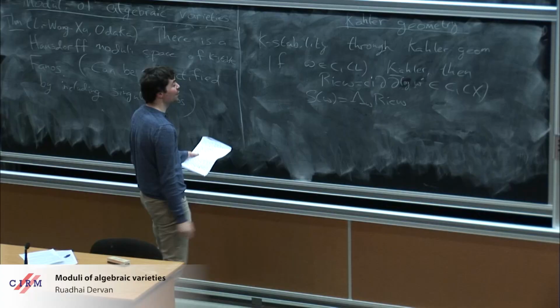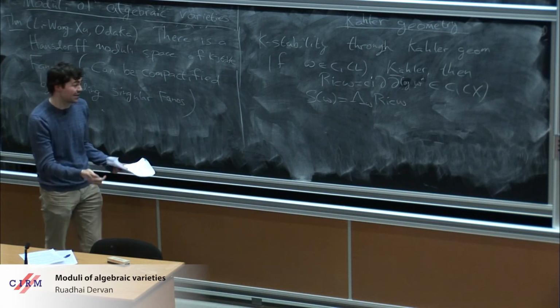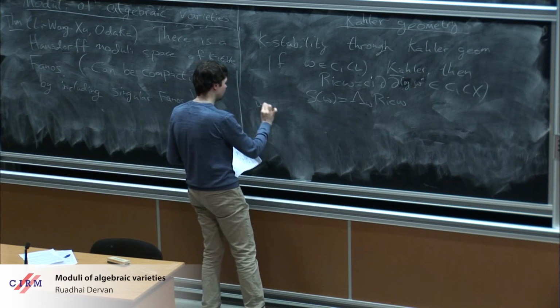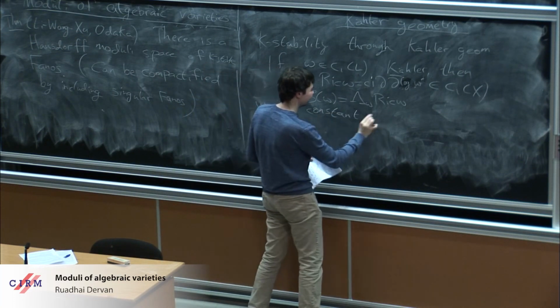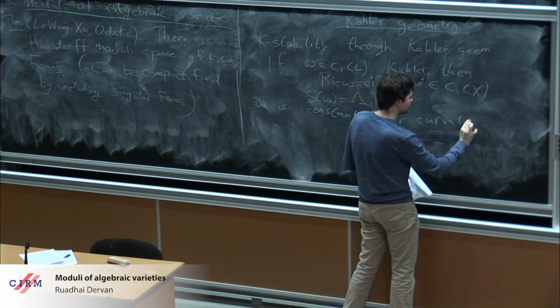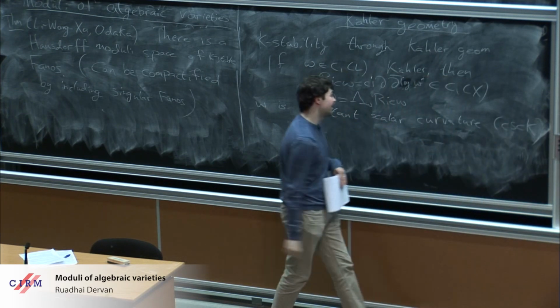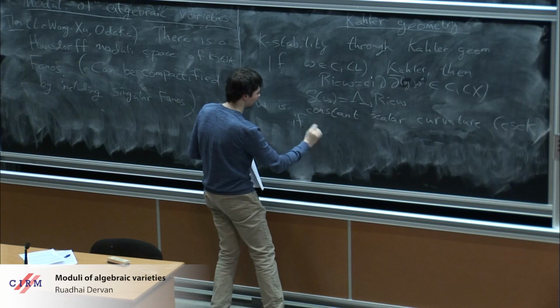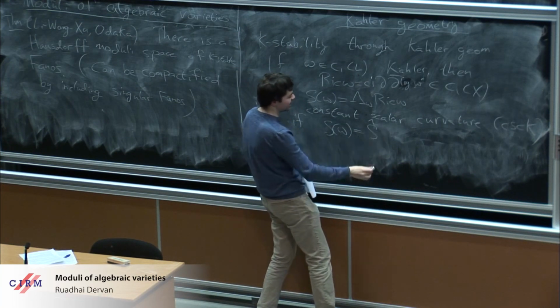Okay, so then you say that a Kähler metric is a constant scalar curvature Kähler metric if the scalar curvature is constant. As before, this is abbreviated to cscK. If S(omega) is equal to a topological constant, the average scalar curvature.